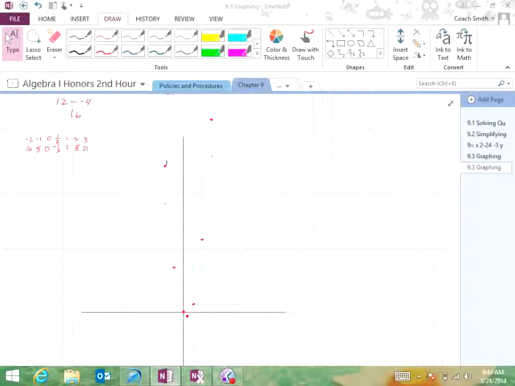So, if you connect the dots, it's there.